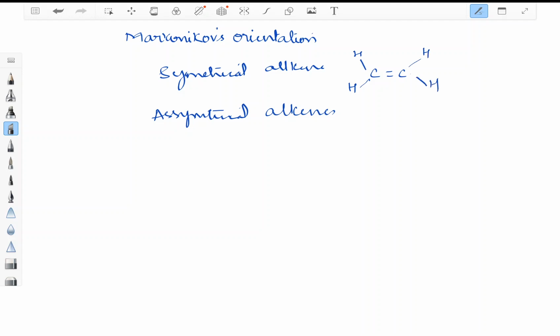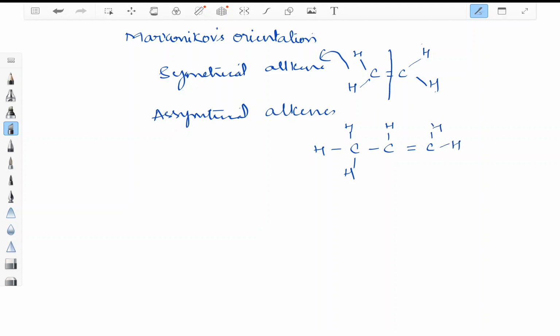So around this double bond, if I divide it, we have one carbon here with two hydrogens, and two hydrogens here. This is supposed to be a symmetrical alkene. Now the next example, carbon-carbon double bond, carbon. Here I'm going to have three hydrogens. Here only one hydrogen. Here two hydrogens.